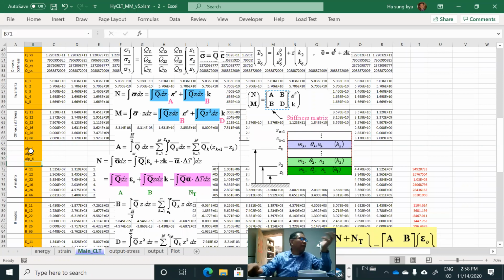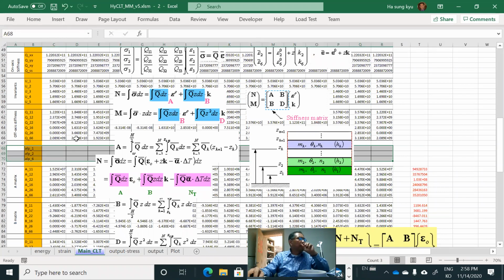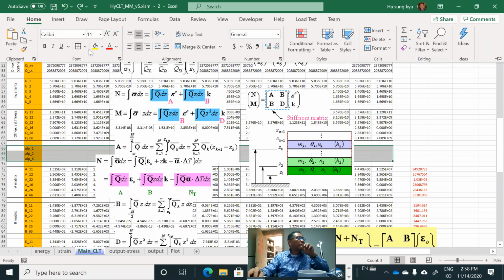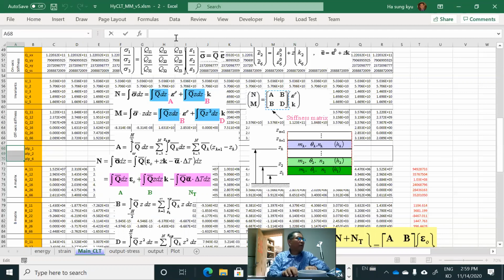So we would like to have these terms, the off-axis CTE.